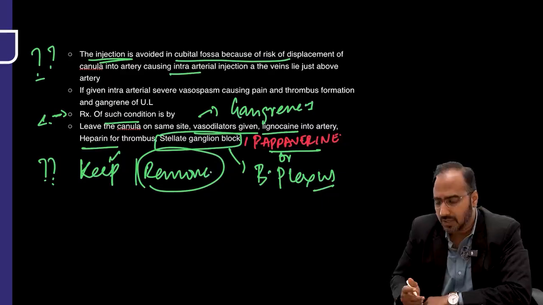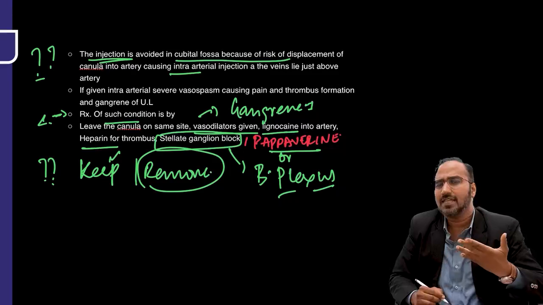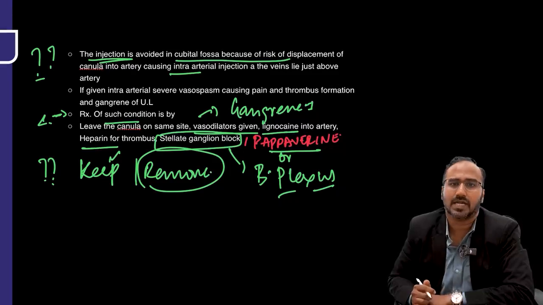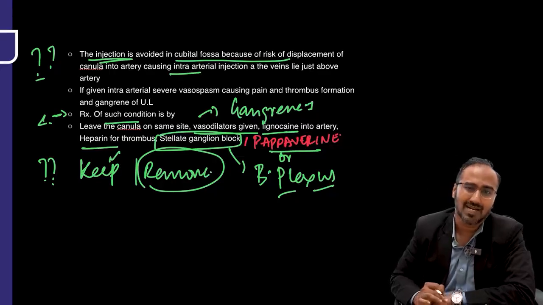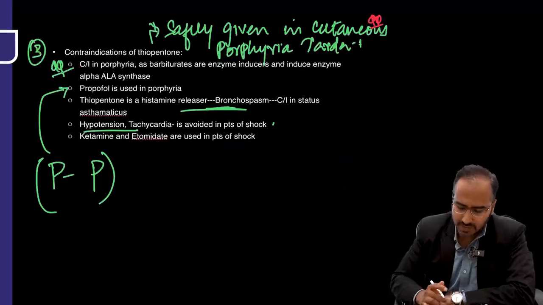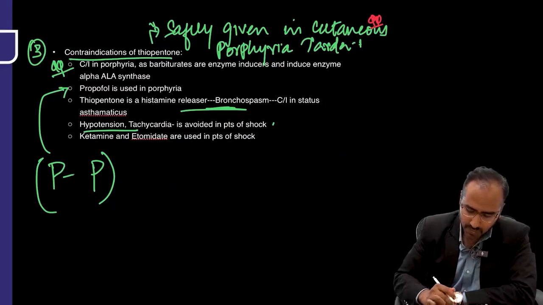Either you go for stellate ganglion or brachial plexus block. With either block, the blood vessels get dilated and the symptoms will subside. So this is regarding sodium thiopentone intra-arterial injection if you give. Okay. So these were the contraindications of sodium thiopentone.